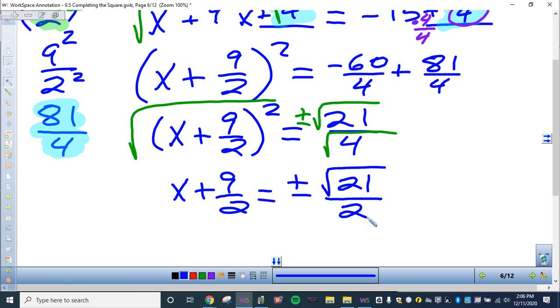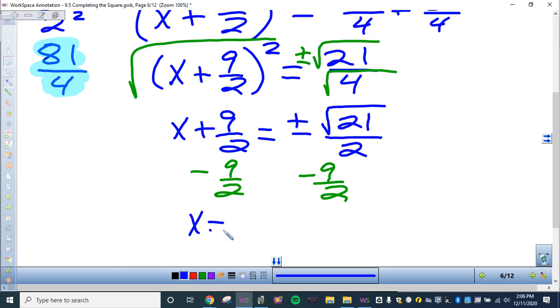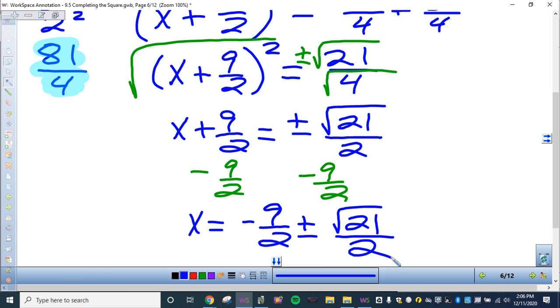Last step, I just have to subtract 9/2 from both sides to get the x by itself. So final answer here is x equals negative 9/2 plus or minus square root of 21 over 2.